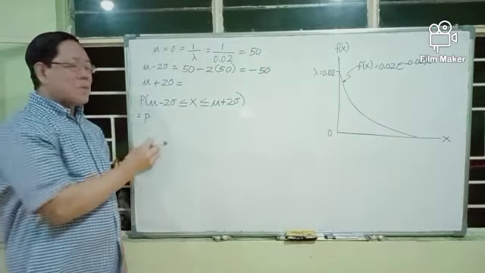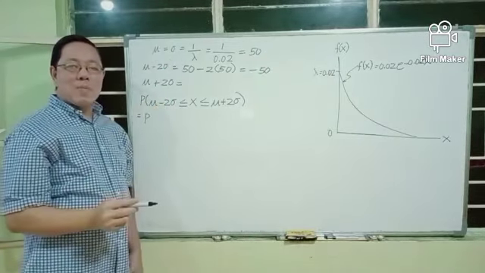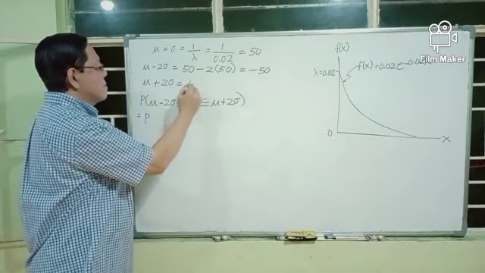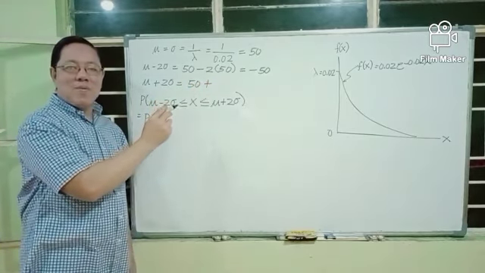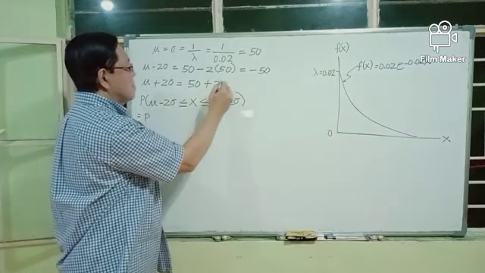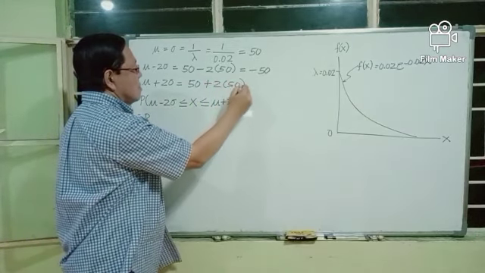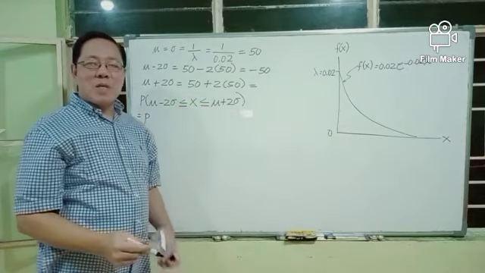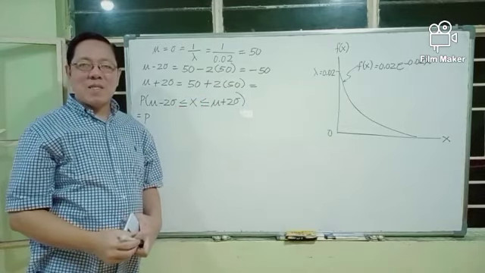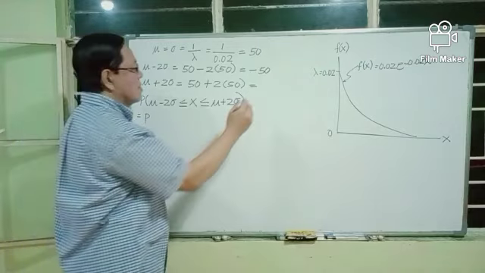We also compute mu plus 2 sigma, where mu is 50 plus 2 multiplied by sigma, 50. And we get 50 plus 100, which is 150.